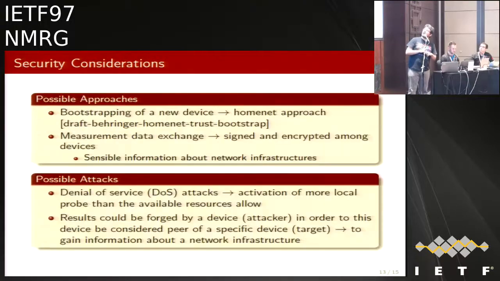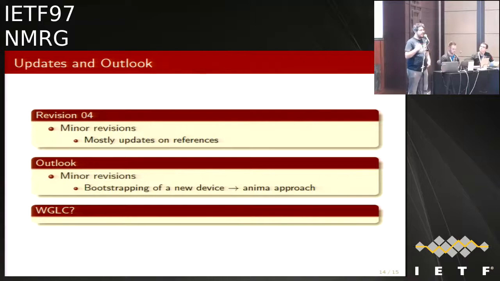Next slide. So, as I said before, this was one of the use cases for the BOF of Anima, the use case for autonomic networking, and this kind of work currently is not in the charter of Anima. So we continued working on the NMRG.